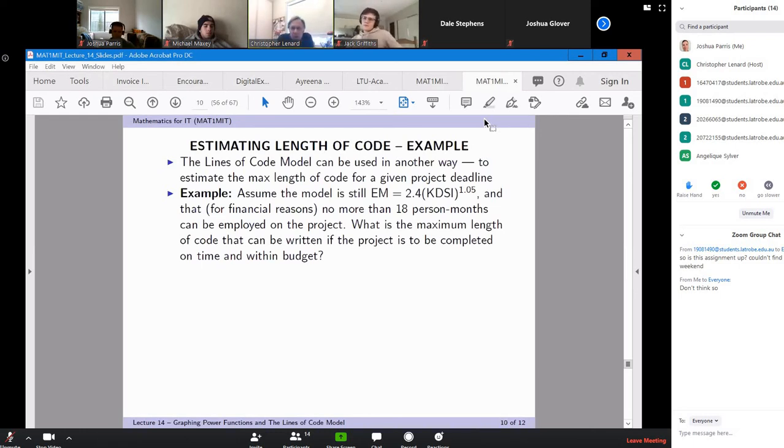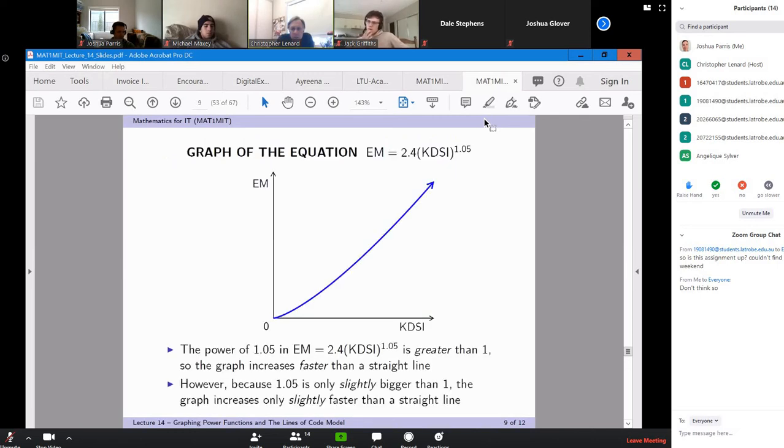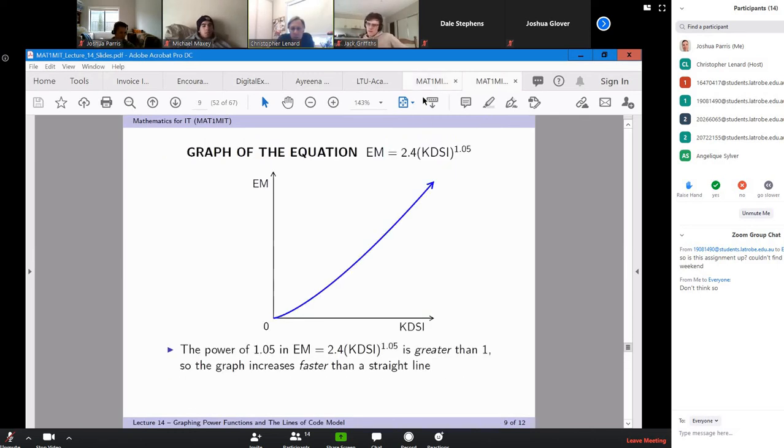And the idea there is the following. Normally, if you've got a certain amount of code, you go up here and then you read across and it tells you how much time it will take. You know how much code, you know how much time it'll take.